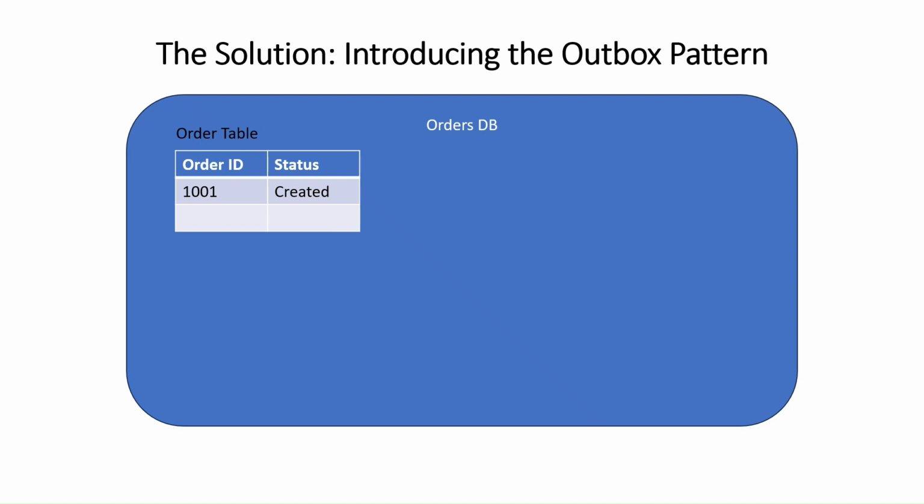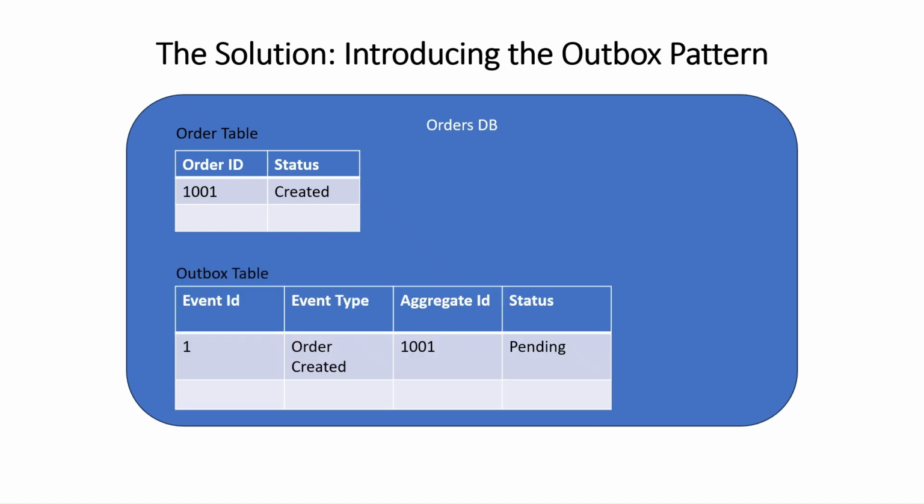Now, whenever a new order is created, we perform two operations. First, we save the order in the orders table. Second, we save an order created event in the Outbox table with a status of pending. Notice that at this stage, nothing has been sent to Kafka yet. The event is simply stored safely in the database.